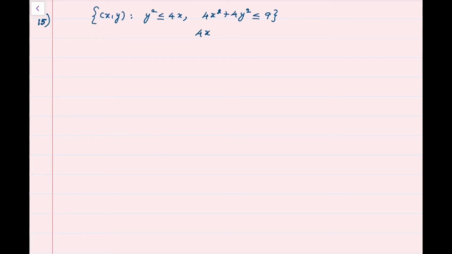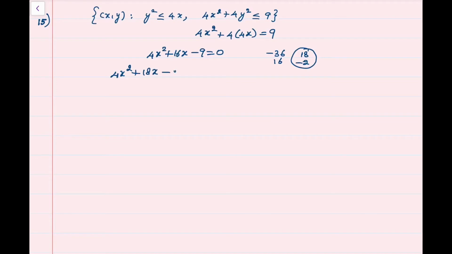4x square plus 4, substitute for y square, equals 9. 4x square plus 16x minus 9 is 0. Product is minus 36, sum is 16. The numbers are 18 and minus 2. We will split the middle term. 18x minus 2x minus 9 is 0.